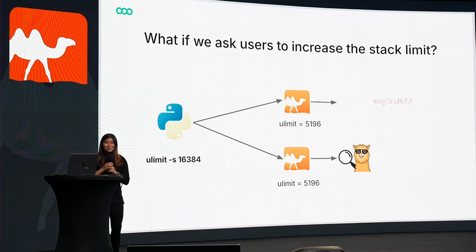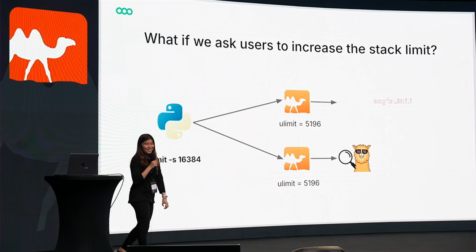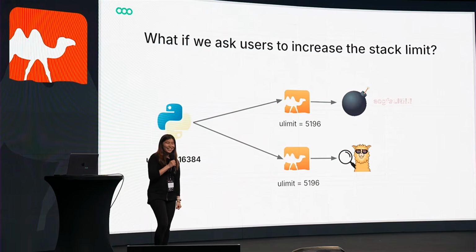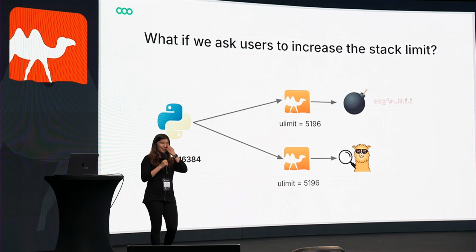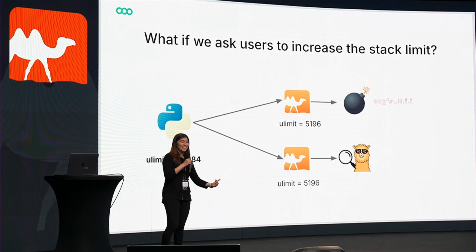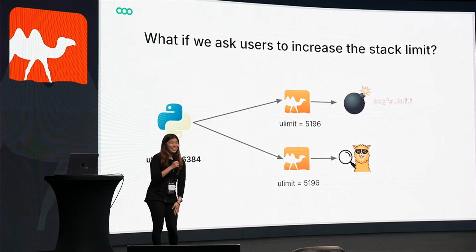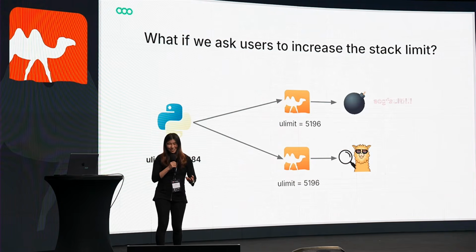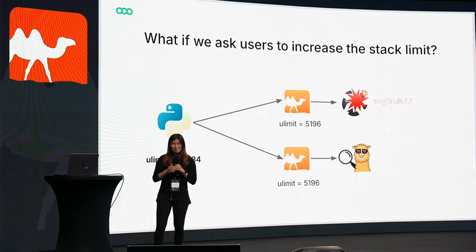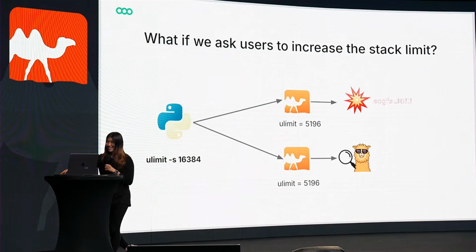So what happened when we actually asked them to do this? Unfortunately, even though they had raised ulimit, they had only raised it for the Python process and not the OCaml processes. And so we would just get the same stack overflow seg fault, which was pretty confusing to debug at first. Anyway, that wasn't too bad.